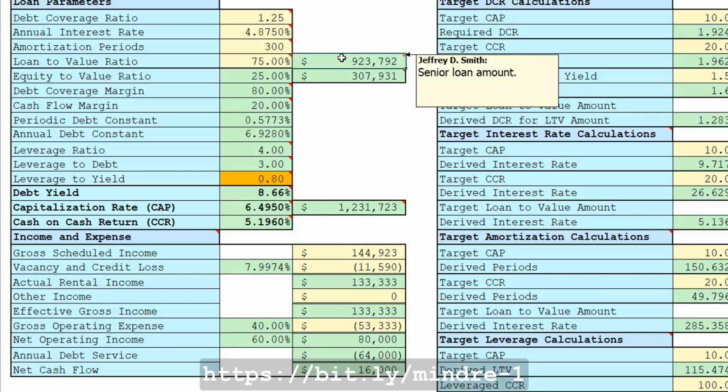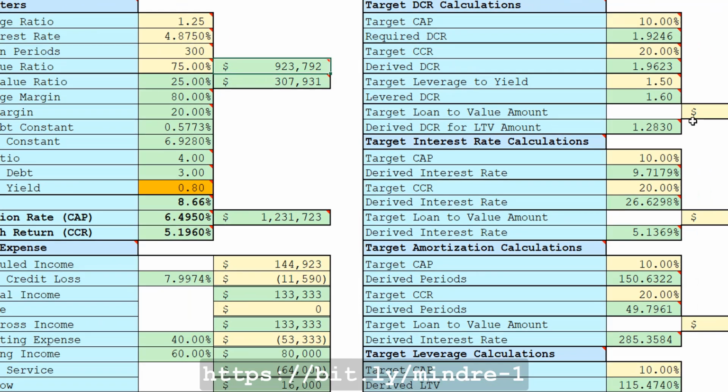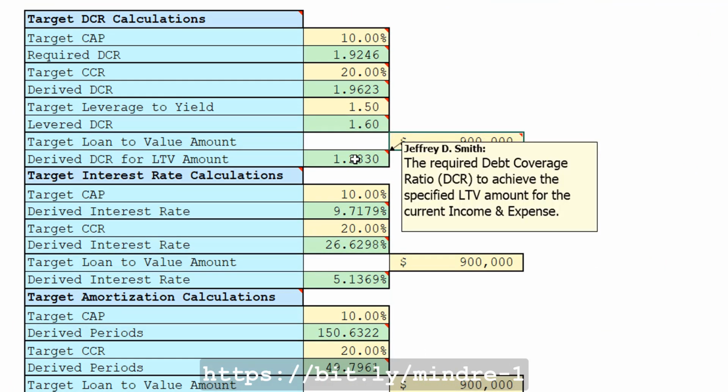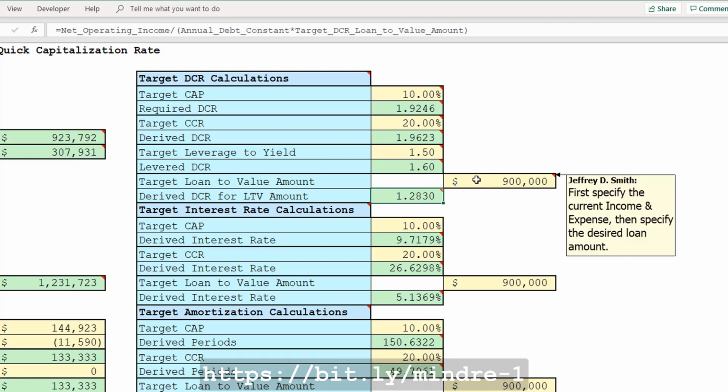So if we want a $900,000 loan with these first three parameters, we can plug in 900,000 and then calculate the debt coverage ratio that will produce a $900,000 loan amount.